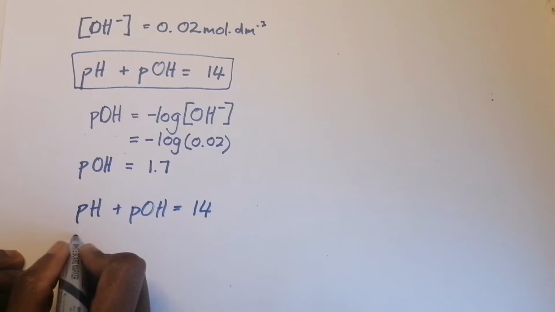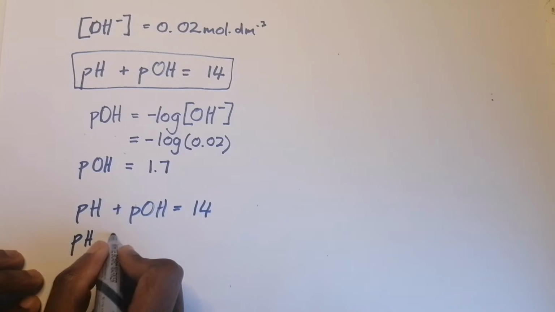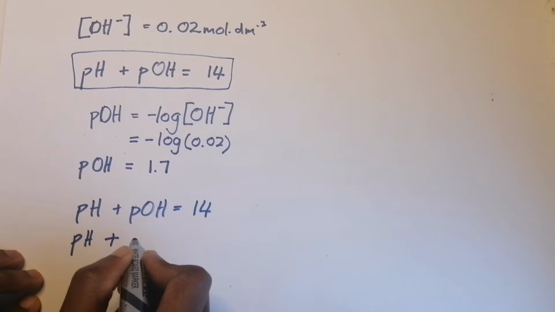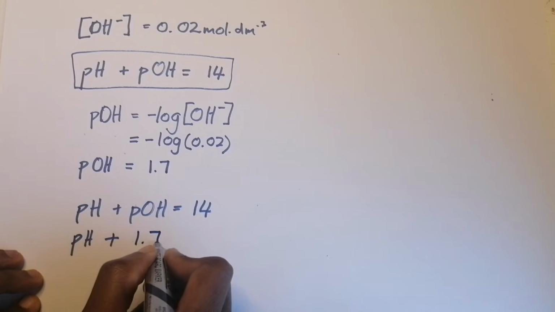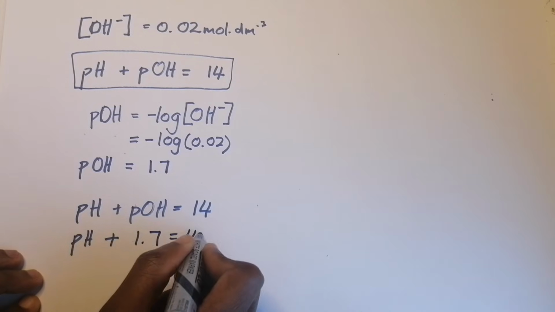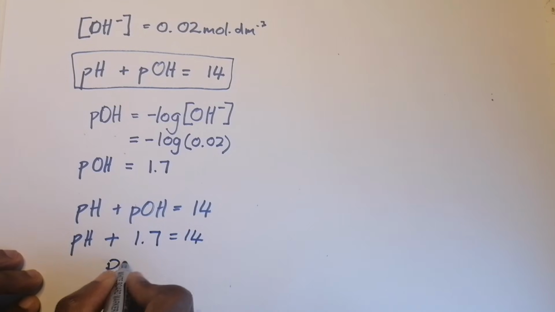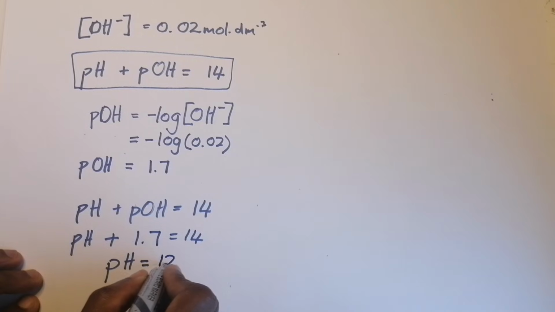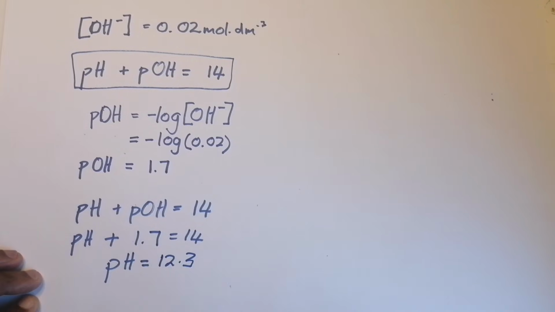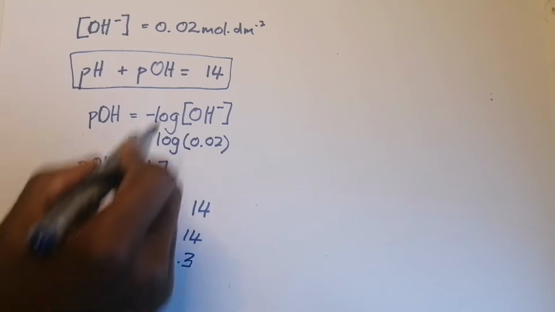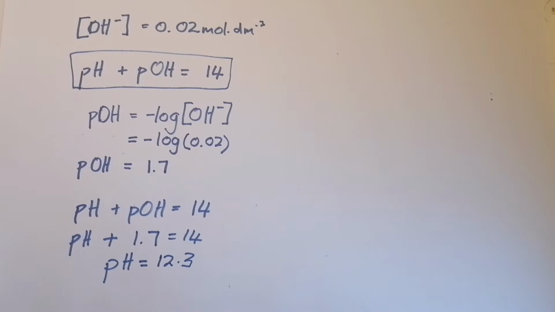I'm looking for pH, but my pOH value is 1.7. Now you can see how we can get to the exact same value. So I'll say 14 minus 1.7, and this will give us 12.3.